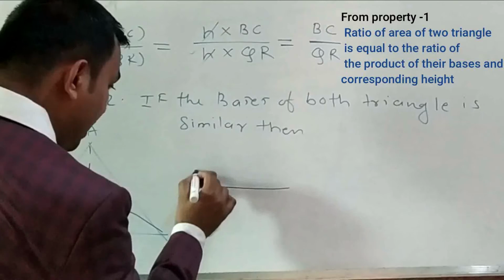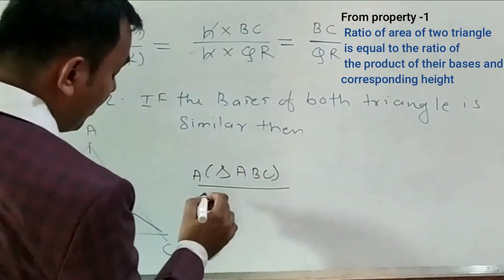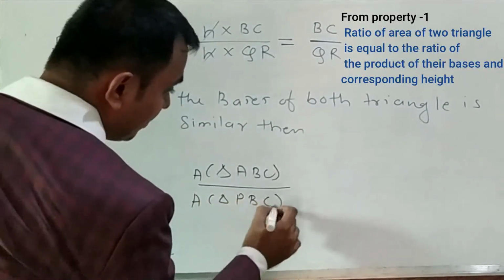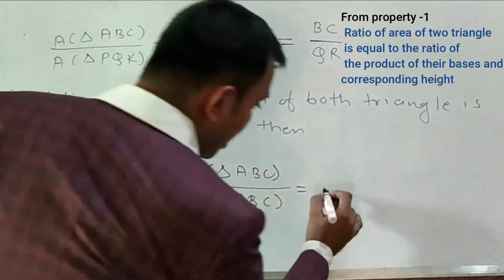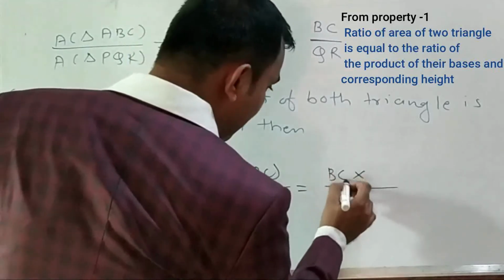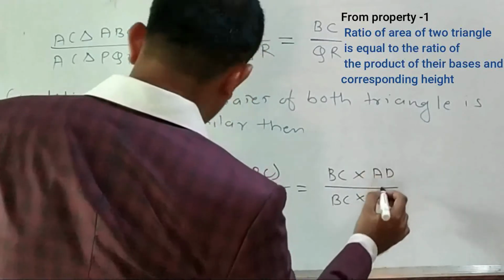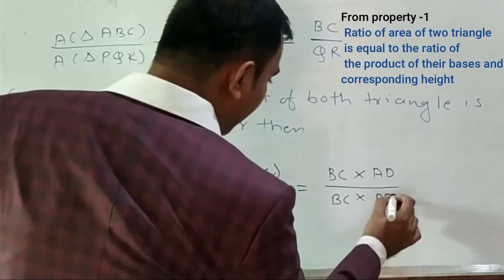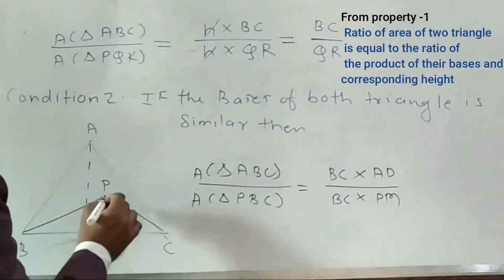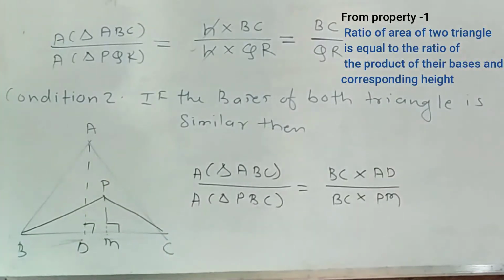The ratio of the area of triangle ABC upon the area of triangle PBC is equal to the ratio of the product of their bases and corresponding heights, AD and PM. Here AD is the height of triangle ABC and PM is the height of triangle PBC.